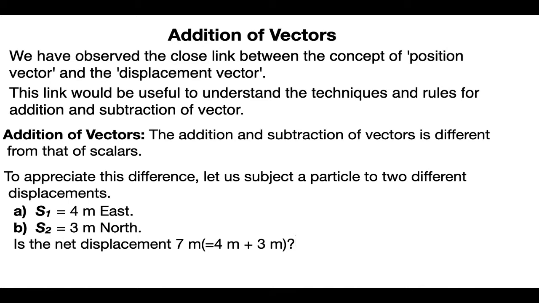Is the net displacement 7 meter as in case of scalars? Let us probe. Remember, a particle has been subjected to two displacements, 4 meter east and then 3 meter north. We have to find the net displacement.